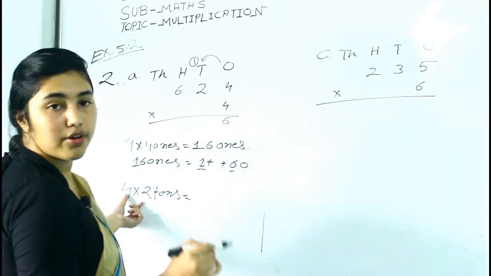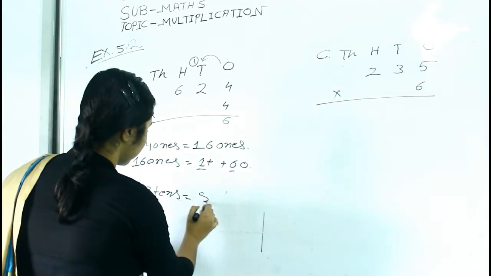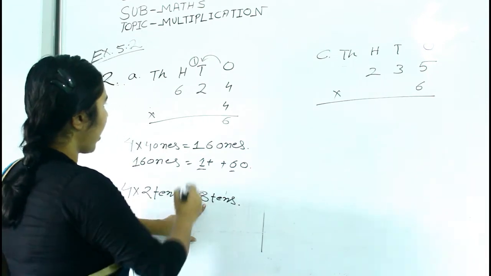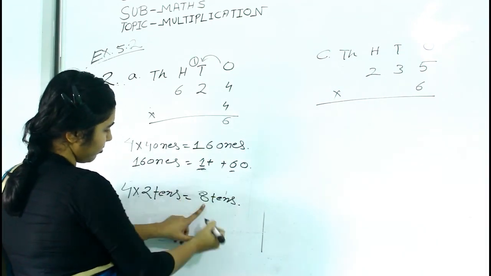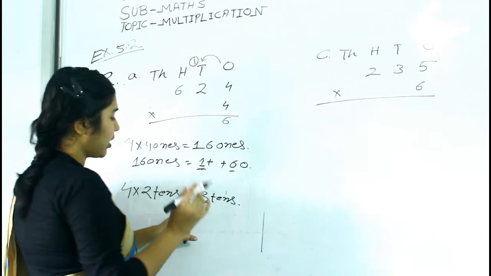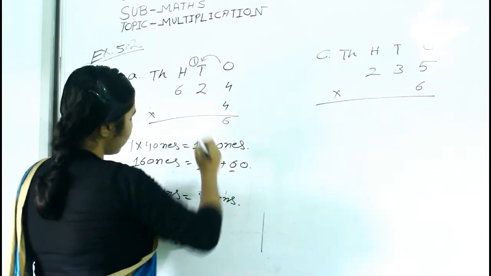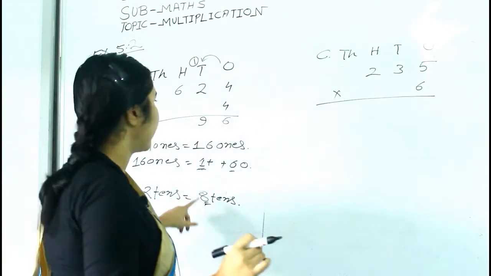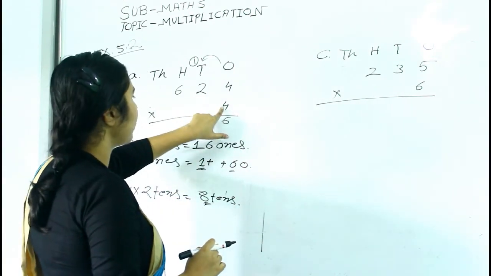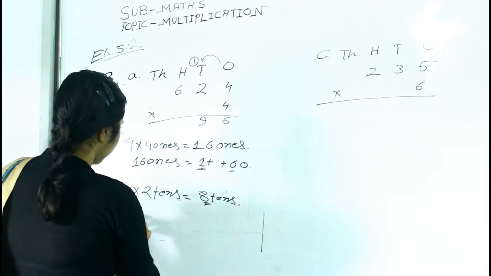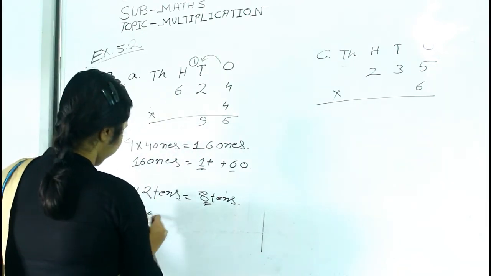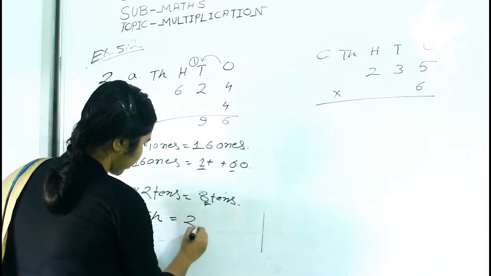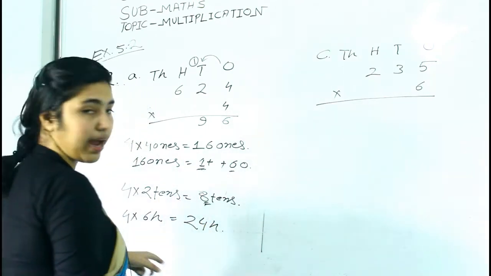Next multiply 4 with 2 tens. Here we will get 4 into 2, 8, right? So 8 tens. Now add this 1 with 8 tens. We will get 9 tens. Next multiply 4 with 600, which equals, 6 fours are 24, so 2400.